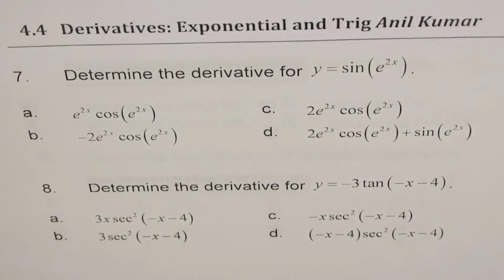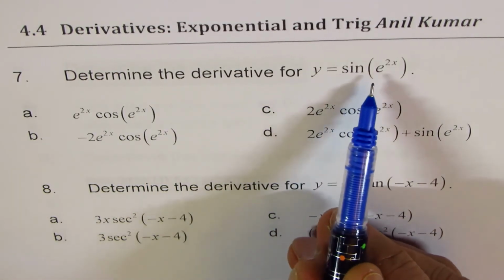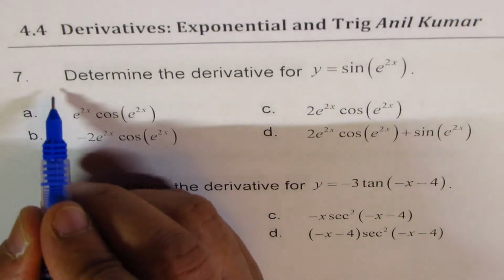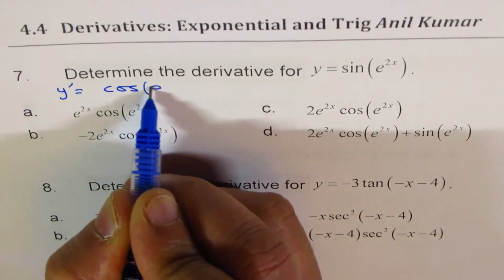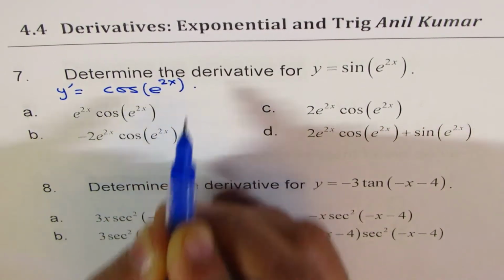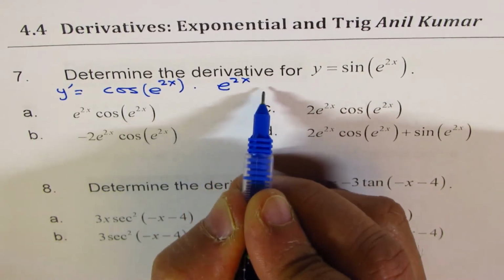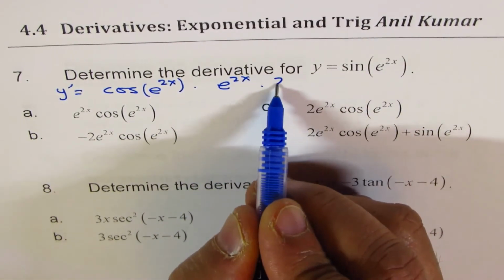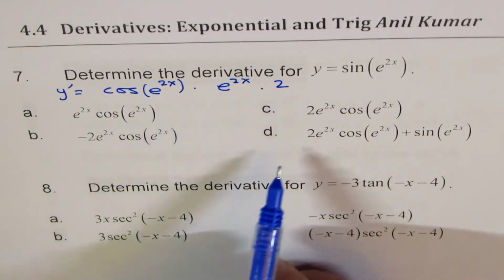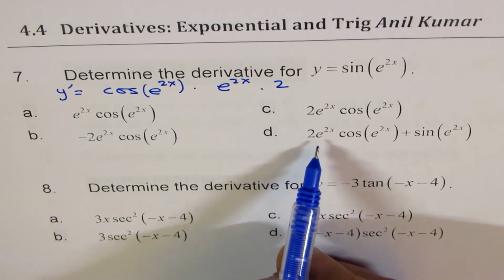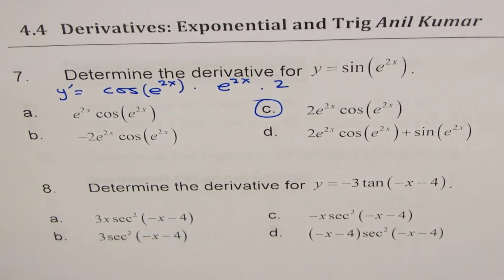Question number 7. Determine the derivative of sine e to the power of 2x. The derivative is cosine e to the power of 2x, times the derivative of the inside function, which is e to the power of 2x times 2. So that becomes the answer: positive 2e to the power of 2x times cos. So option C is the right option.